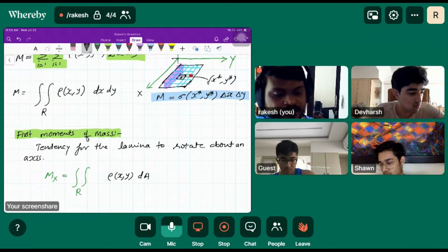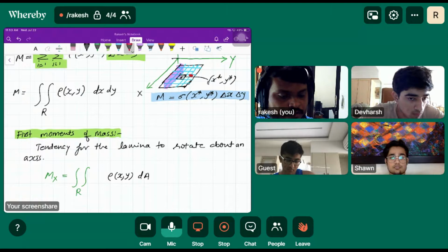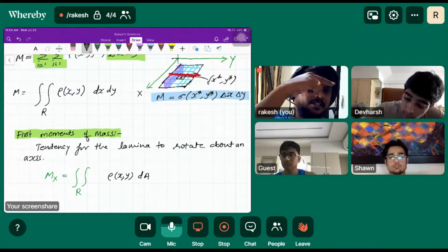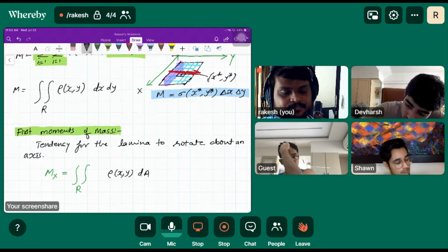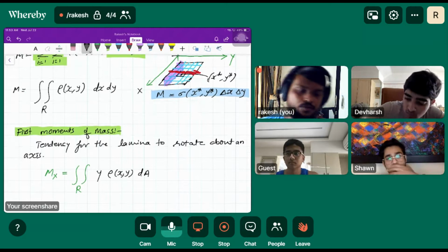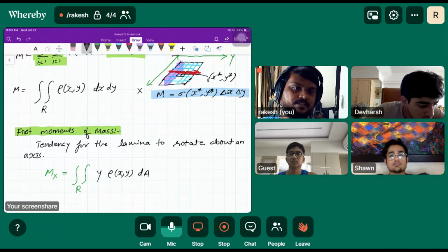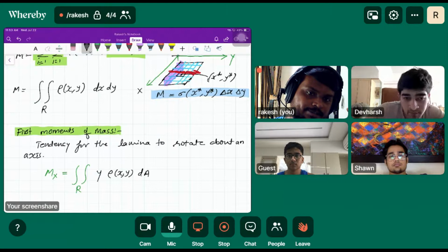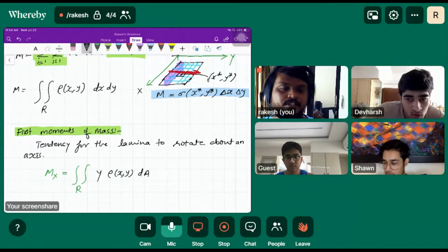See, we are rotating about the x-axis, so we are going along the y direction. So the radius is y here. We have to integrate y also. So y into rho(x, y). See, moment of mass is distance into density, mass density. Do you remember those formulas? And what is moment of inertia?